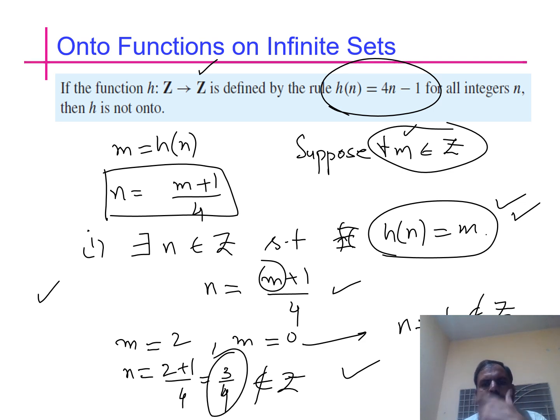There exists n belonging to Z such that h of n is equal to m. If m is equal to 2, n is equal to (2 plus 1) by 4, 3 by 4, which doesn't belong to Z. If m is equal to 0, then n is equal to 1 by 4, which does not belong to Z. So that's not an onto function.